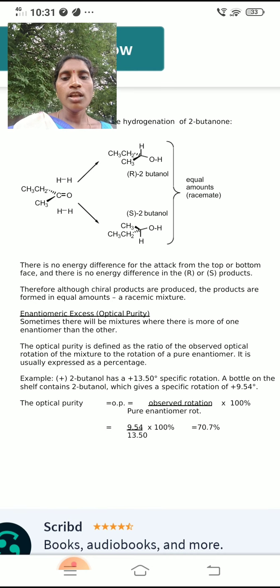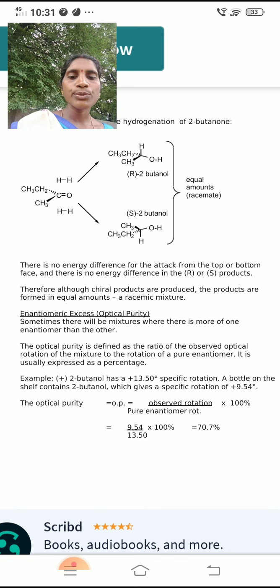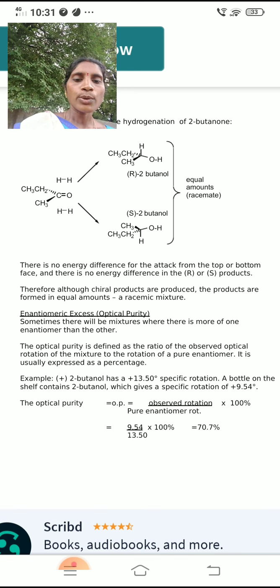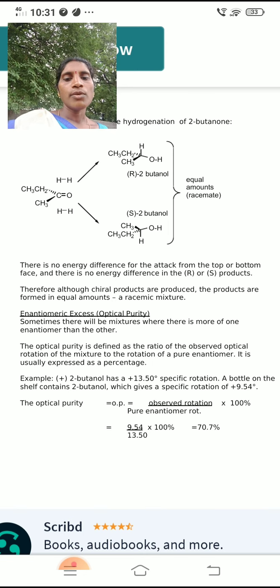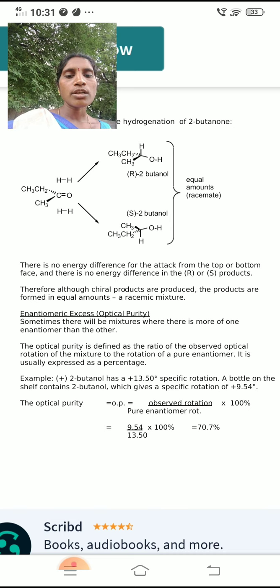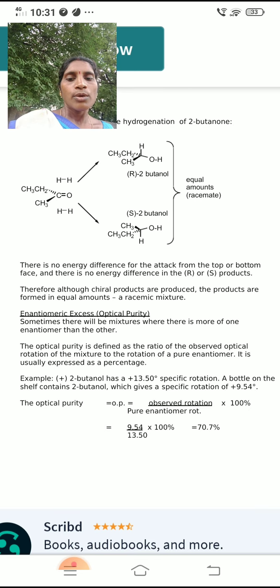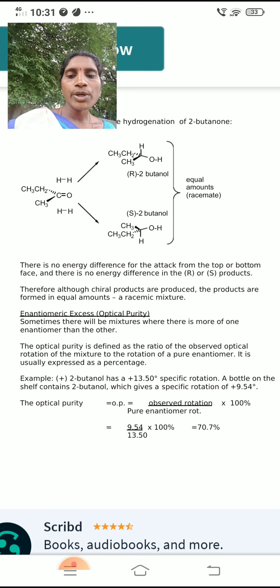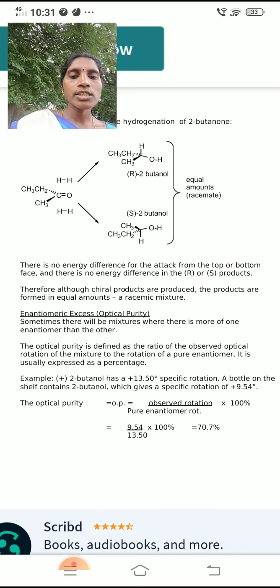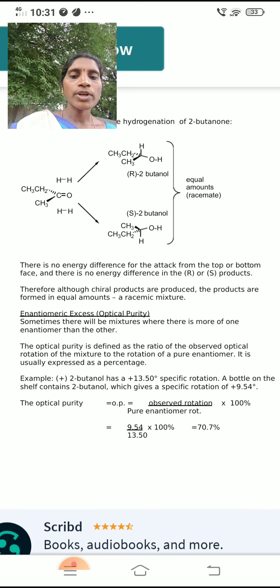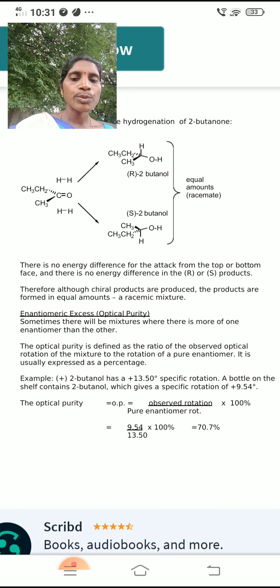For example, plus 2-butanol has a specific rotation of plus 13.50 degrees. A bottle on the shelf contains 2-butanol which gives a specific rotation of plus 9.54 degrees. So we can calculate the optical purity. The formula is observed rotation divided by pure enantiomer rotation times 100%.